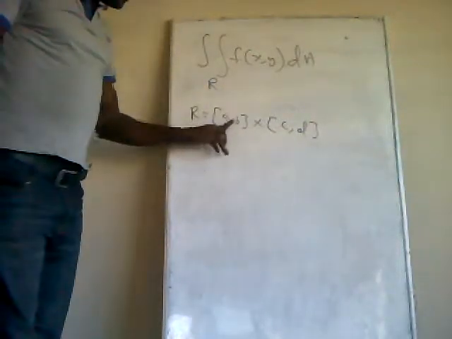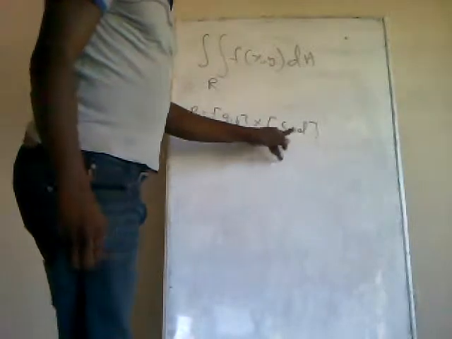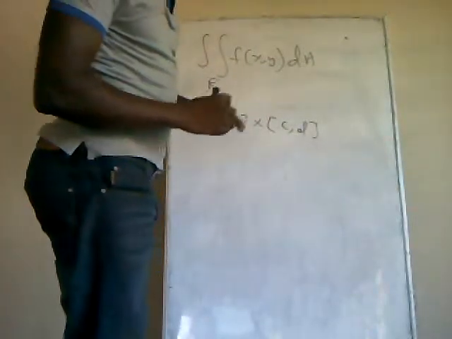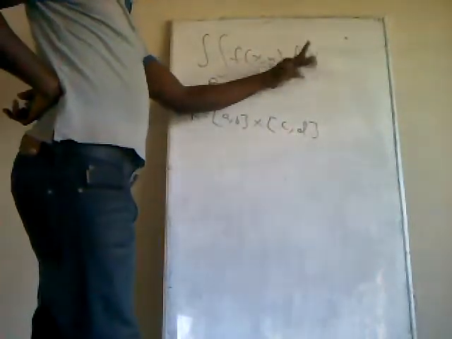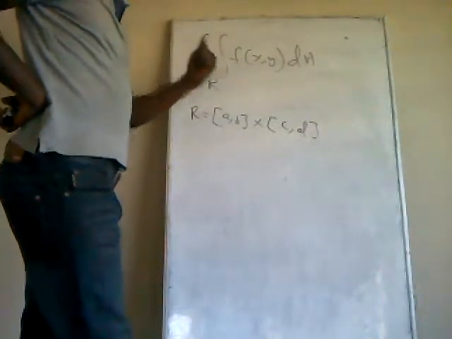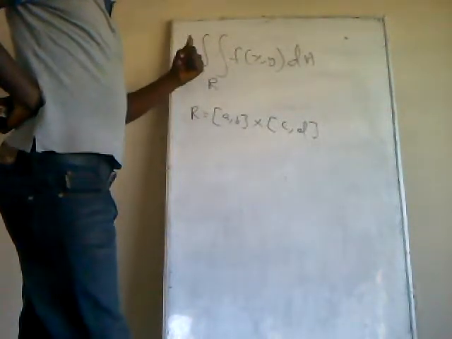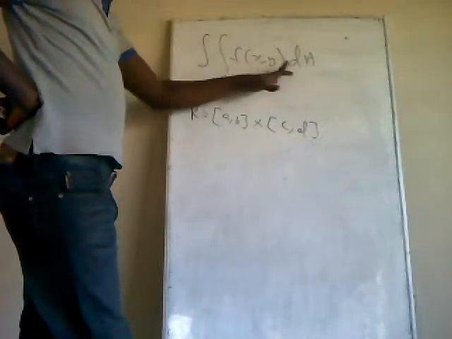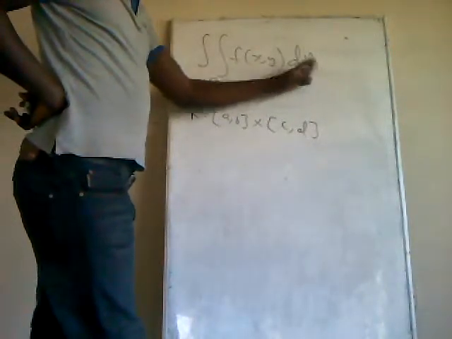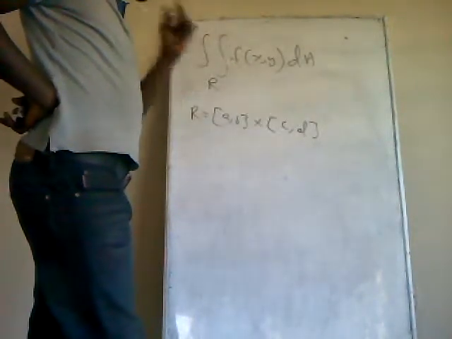Here a and b is the interval of x and c d is the interval of y. Now you would ask, why do I write the dA? The dA because now it is up to you to determine whether you want to integrate first with respect to x before y or y before x.